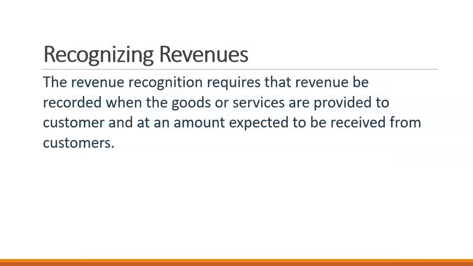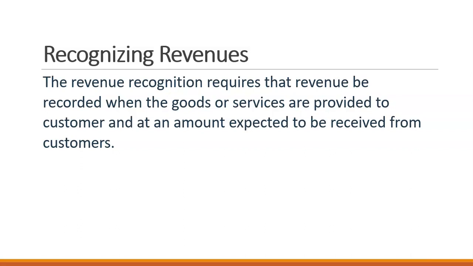Recognizing revenues. So we've already had some discussion in the last two chapters about unearned revenue. So this is part of that revenue recognition principle that we talked about in chapter 1, that we can only record revenue when the goods and services are provided to the customer and at an amount that we're going to receive from the customer.